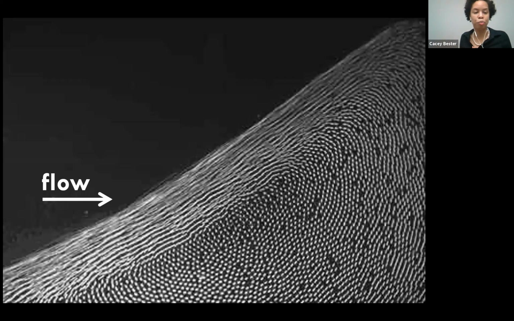These types of behaviors and flow patterns observed in granular media are a significant problem in physics that we don't have a complete theory to describe. So experiments like this play a key role in our pursuit to better understand granular media.